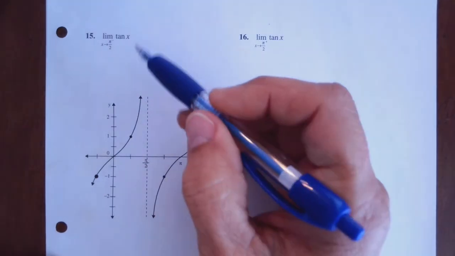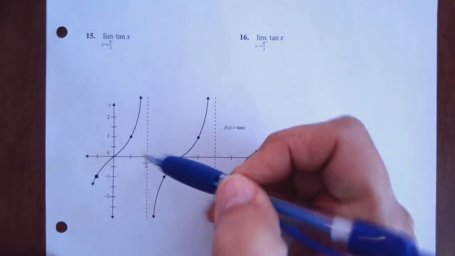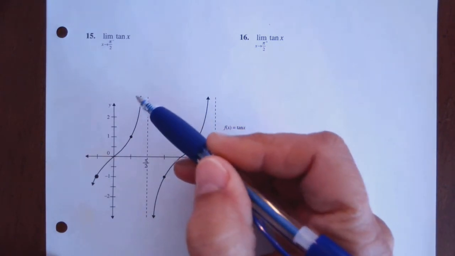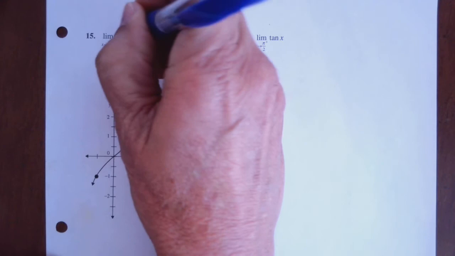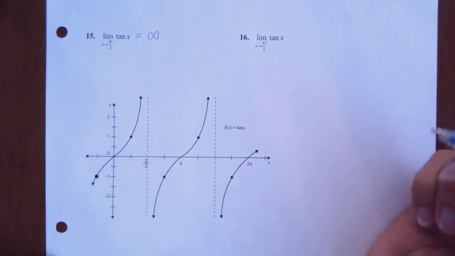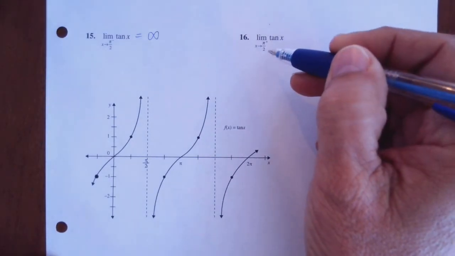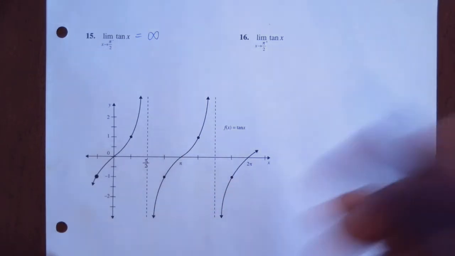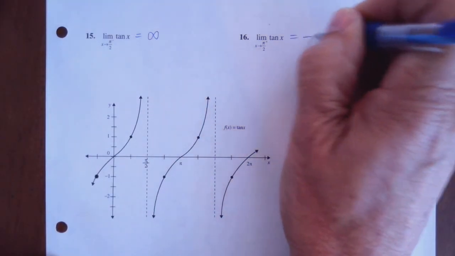So if I'm looking at pi over 2 from the left, that means I'm coming from this direction, which means that it is heading towards positive infinity. And if I look at heading to pi over 2 from the right-hand side, that would be over here. That side heads to negative infinity.